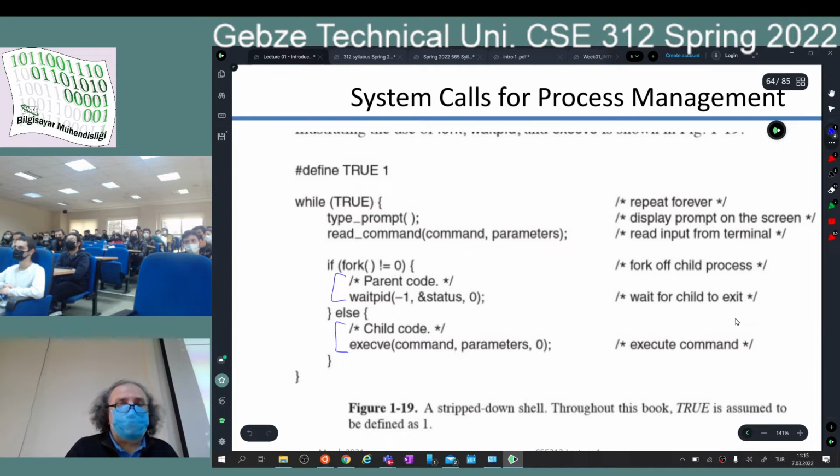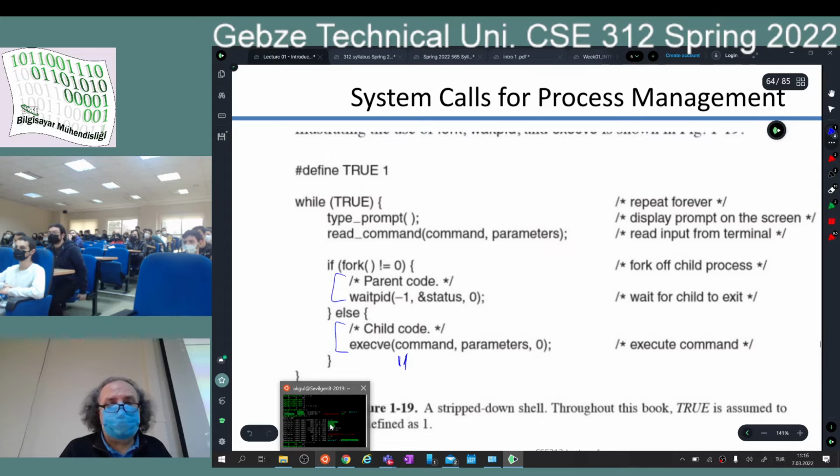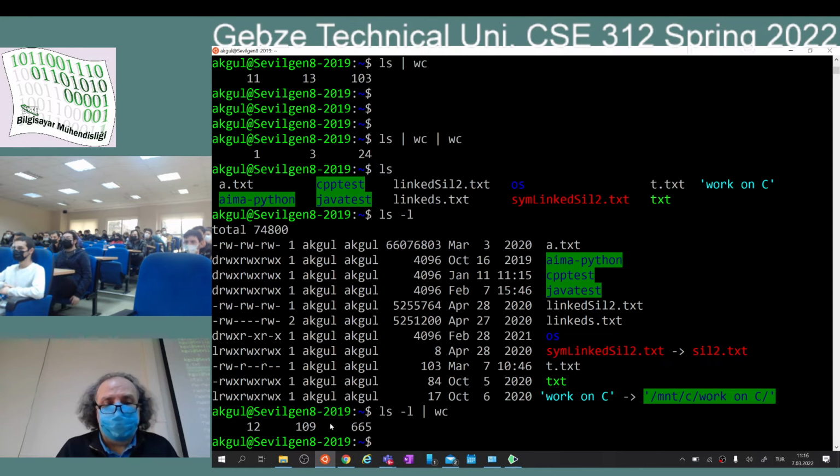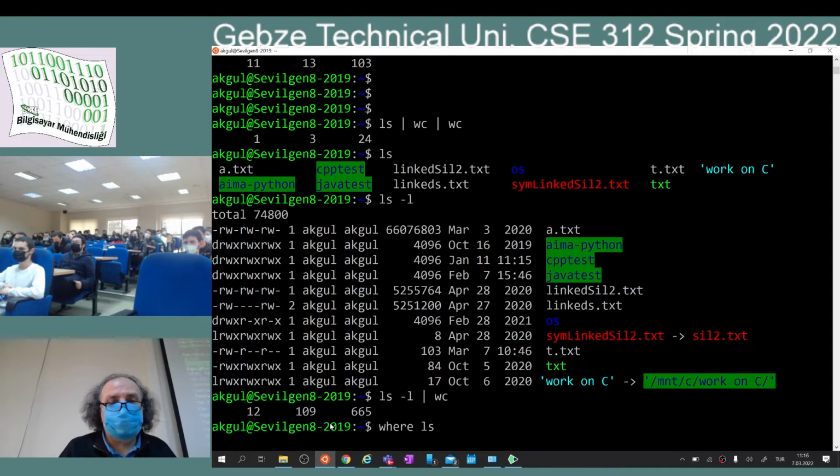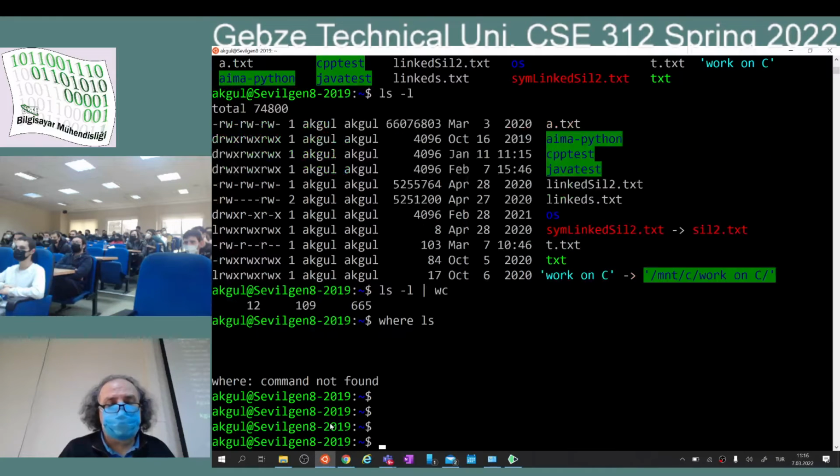I am going to change myself to this command. This command is, for example, find me another command. For example, where is my ls command? Let's see, where ls. Do I have a where command? No. Which ls?